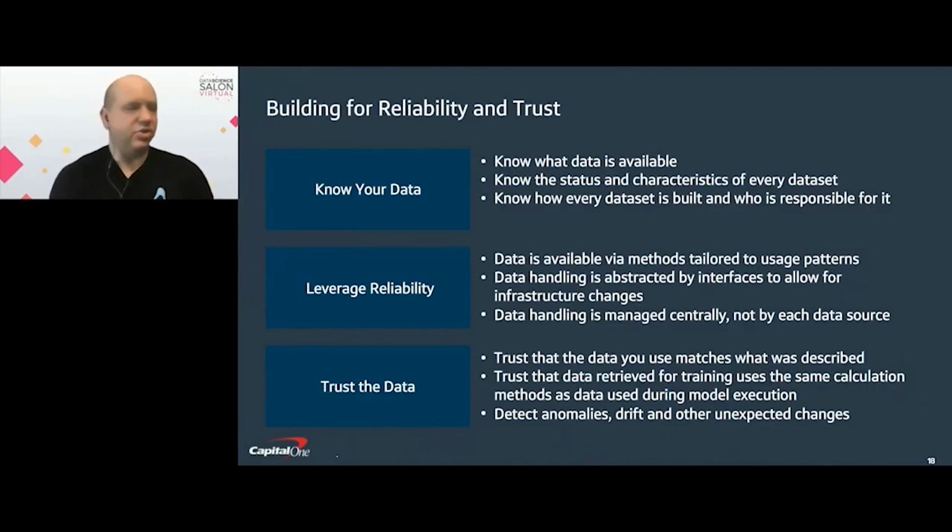So we'll hit on this again: knowing the data, being able to leverage reliability of the data, so that no matter how you request that data, you are going to get the same data that you expected to find. Being able to detect changes in the data, being able to know that the data you pull from a specific API is the data that you were looking at in a catalog.